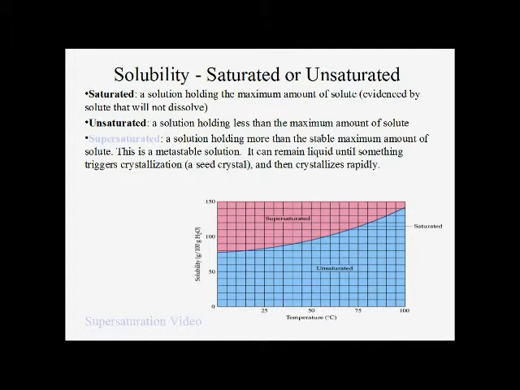And then once the crystallization process starts, all the excess material will precipitate out of solution, leaving us with a saturated solution. The general way that we know that we have a saturated solution is that we have some solid that will not dissolve. If we have solid that will not dissolve, we have a saturated solution.